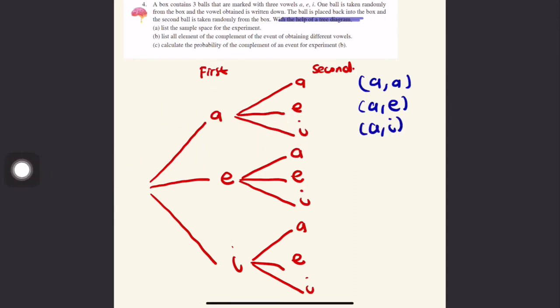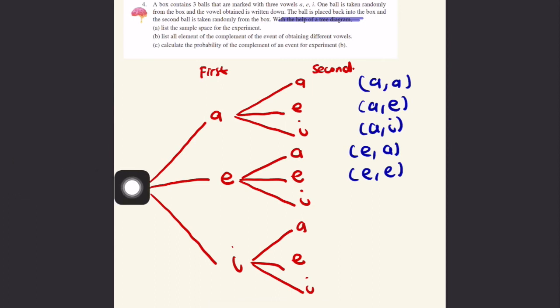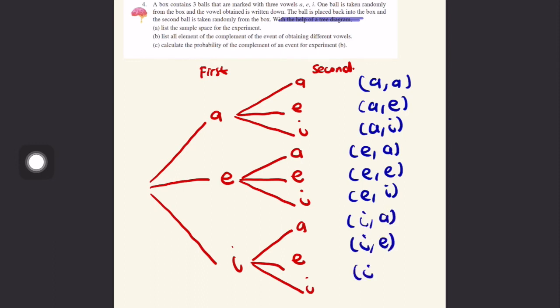Kalau first awak ambil dapat E, yang kedua mungkin A. Okay, E, A. Mungkin yang pertama ambil E, kemudian dapat E, E. Or maybe the second attempt you get E and then I. E, I. Dan seterusnya. So the last one we have I, A, I, E, and I.